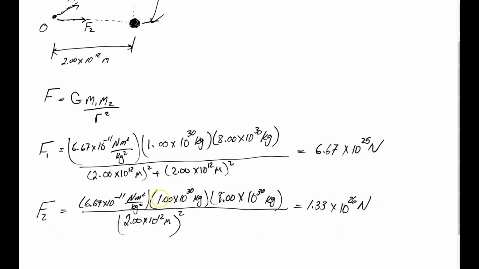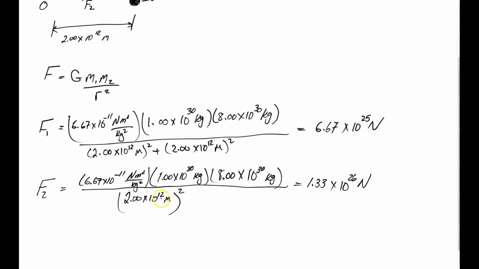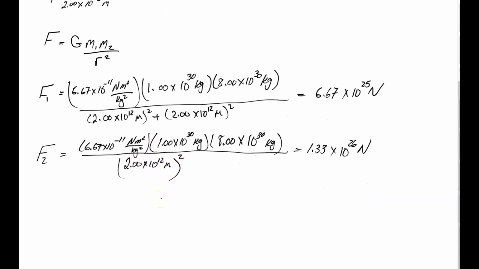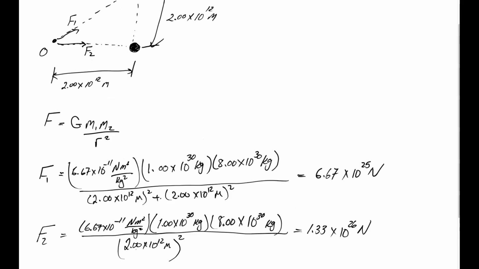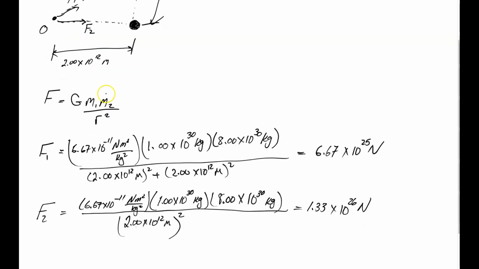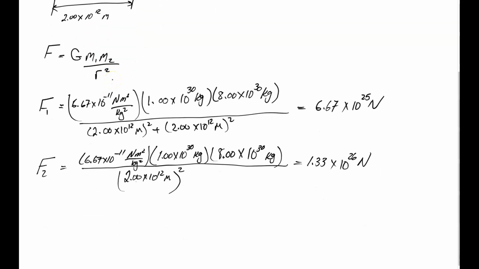Now we found the two forces, and remember forces are vectors. That's why we identified them as pointing with arrows in the graph. So let's get the components now. So we can say that F1 in the x direction, we're told that we have an angle of 45.